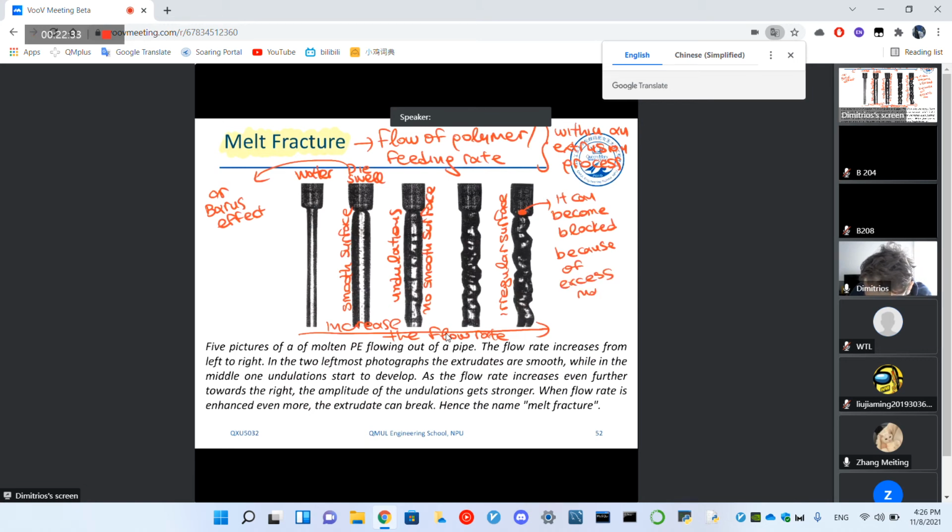What does excess material mean? It means that we develop very, very high pressures at the end of the die and different flows, okay?